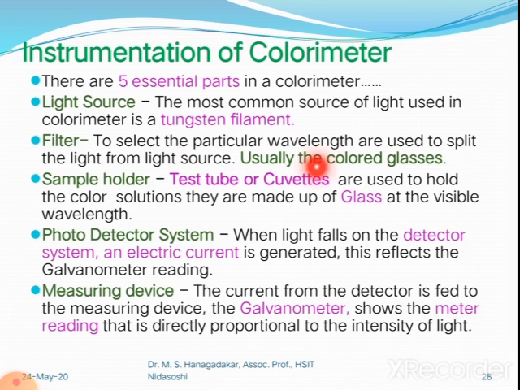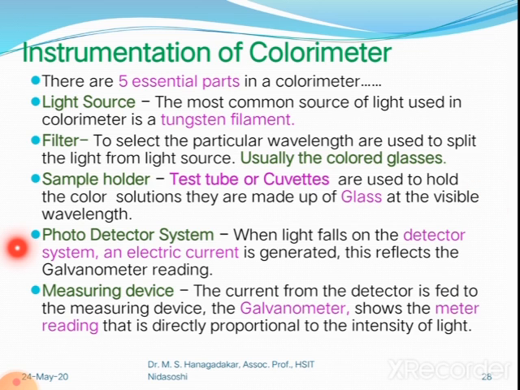Usually colored glasses are used as the filter. Then the third one, the sample holder, that is a test tube or cuvette, used to hold the colored solution. They are usually made of glass and absorb little visible light radiation.